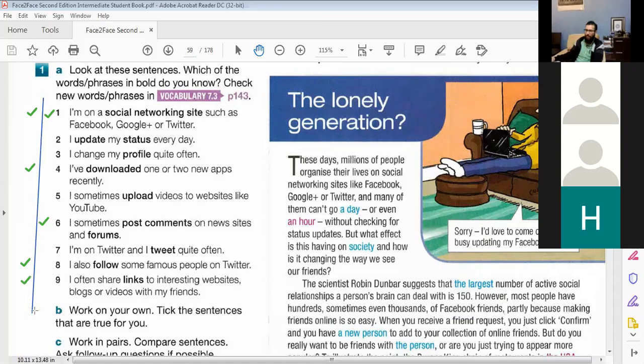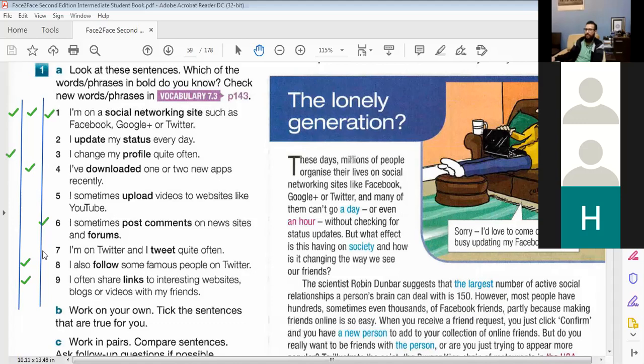Malak. What about you, Malak? Tell us a little bit about your social media habits compared to Hajar and Sana. I'm on social networking sites such as Facebook and TikTok. Not Twitter, no. I don't have a Twitter, yeah. I change my profile quite often.